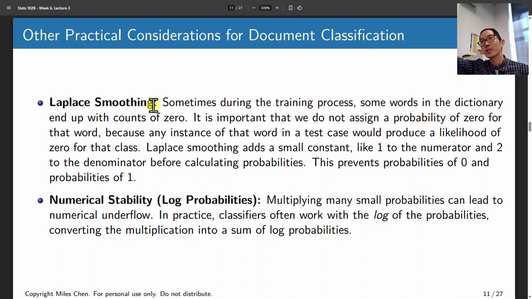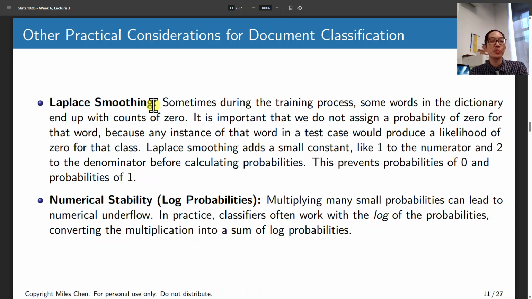So you've got this lexicon of, say, 50,000 words, and despite your collection of training documents, a certain word might never appear in any of your training documents. And so you end up getting a word count of 0. If you just took your raw counts and divided by the total counts, then the probability of that word would end up being 0.